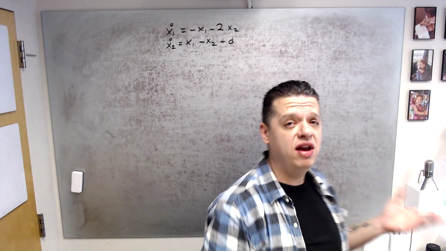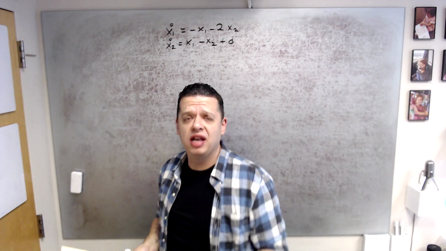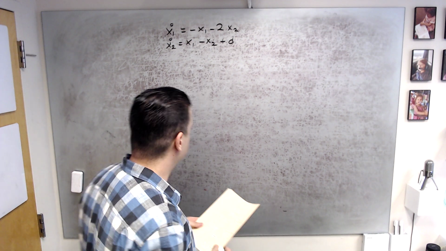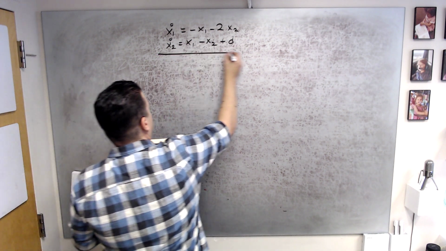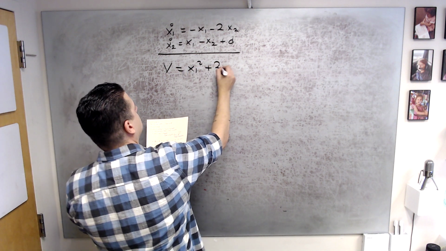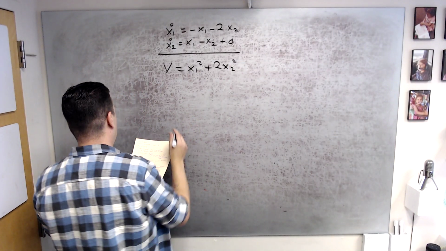You can have a time varying disturbance here as well, as long as it is bounded, everything will work just fine. All right, let's have v equals x1 to the power of 2 plus x2 to the power of 2.